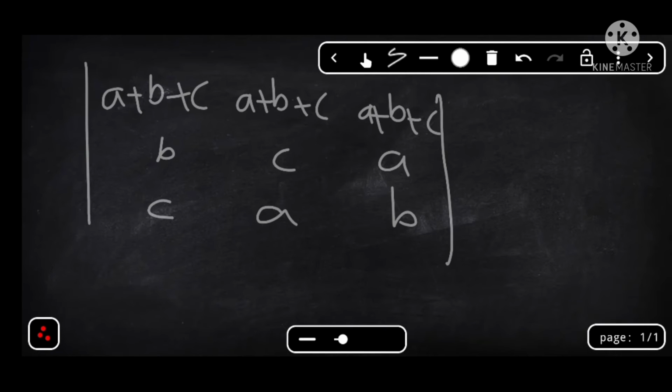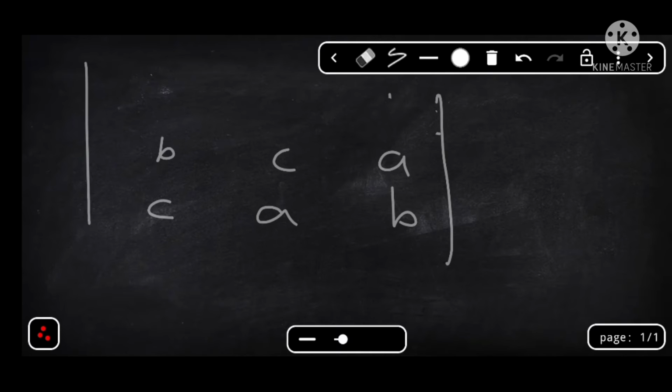So from R1 we can take A plus B plus C outside, right? So A plus B plus C we are taking outside.